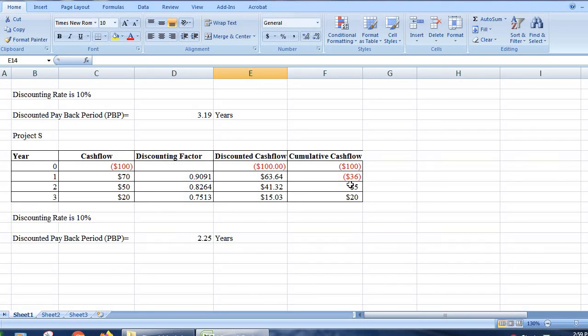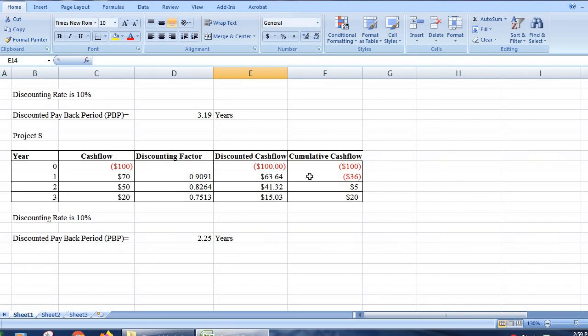Now we calculate the cumulative discounted cash flow. For the first year it is 100. For the second year, the cumulative cash flow of the first year plus the discounted cash flow for year 1.